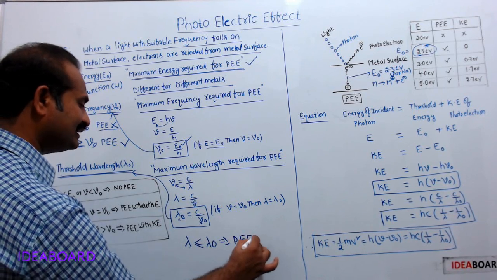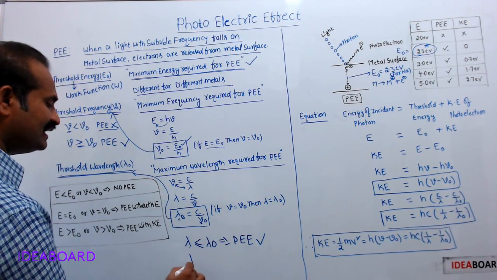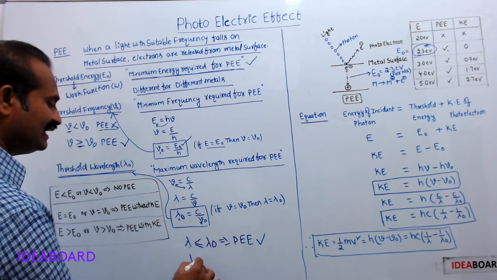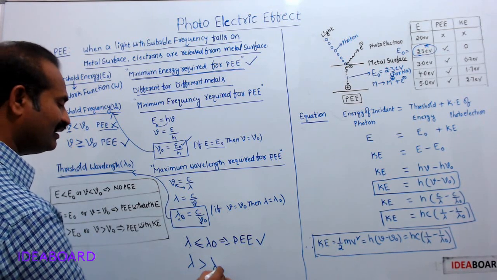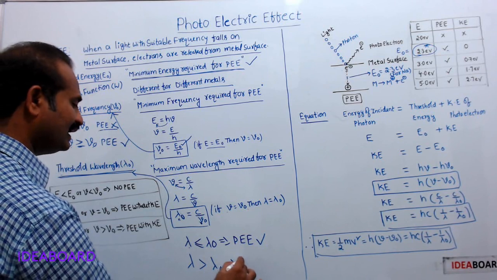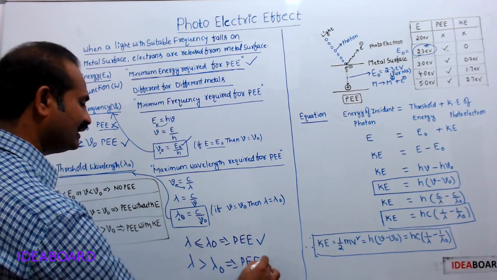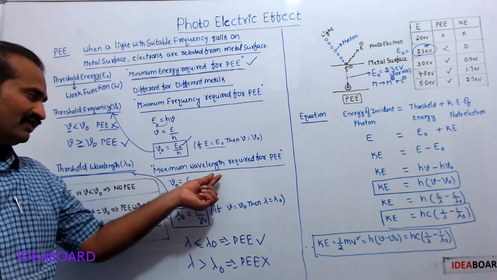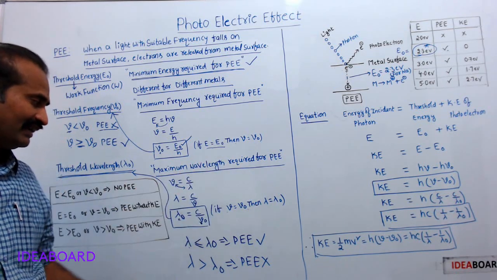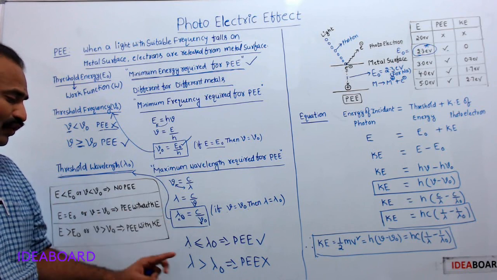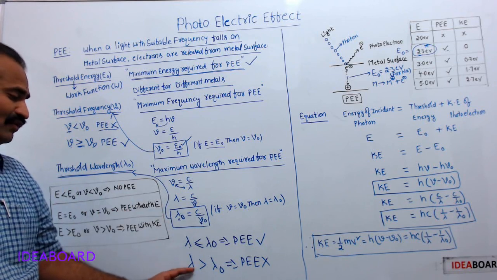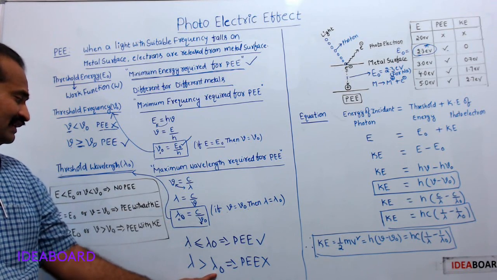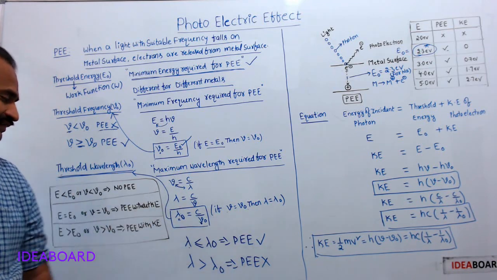If incident light wavelength is greater than lambda naught, no photoelectric effect. Therefore, what is threshold wavelength? It is the maximum wavelength required for photoelectric effect. If wavelength is more than threshold wavelength, no photoelectric effect.